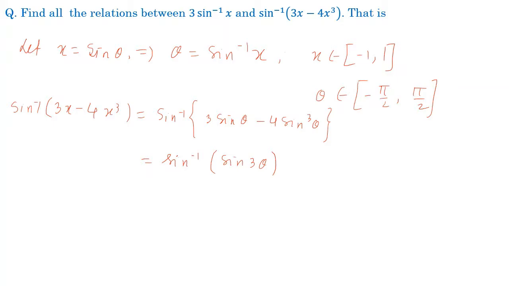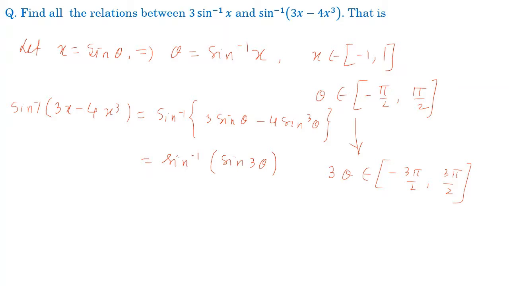Now this is the range of theta. So what about 3 theta? So 3 theta will belong to minus 3 pi by 2 up to 3 pi by 2. Is it? This is the range of theta.